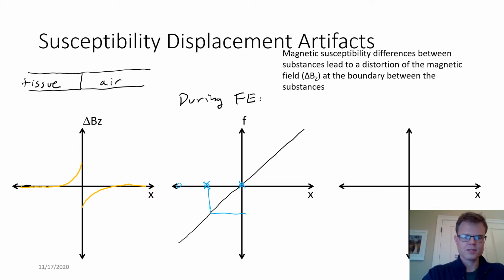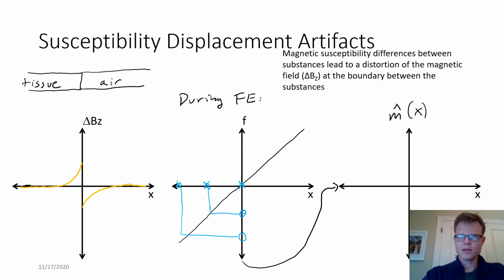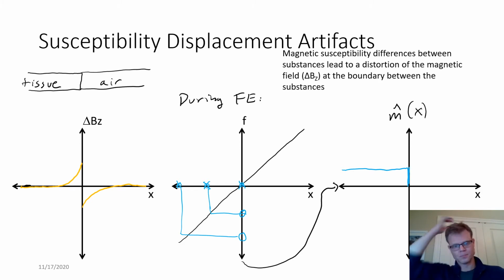Sorry, let's do X's. Would map to these positions, O's here, and if we were to reconstruct our image over here, we're again going to map this frequency axis onto the x-axis, and we would get an image of our object, of our tissue here.